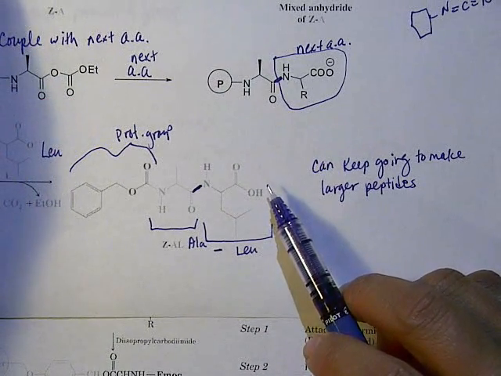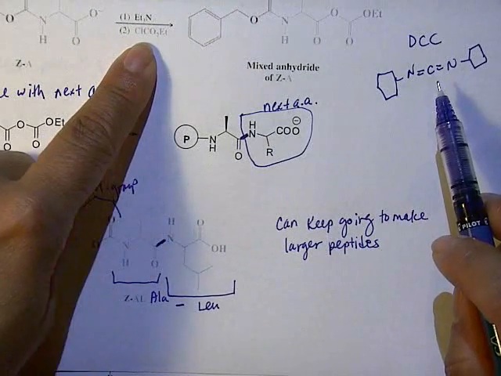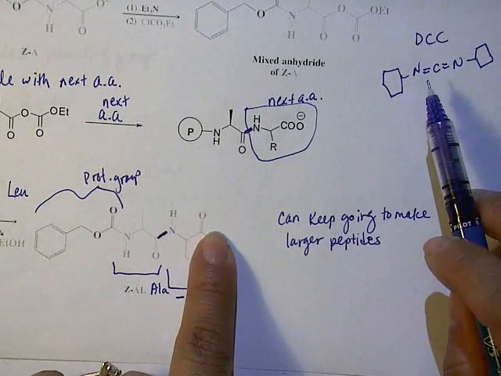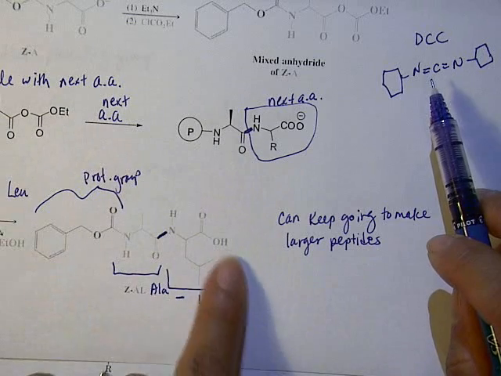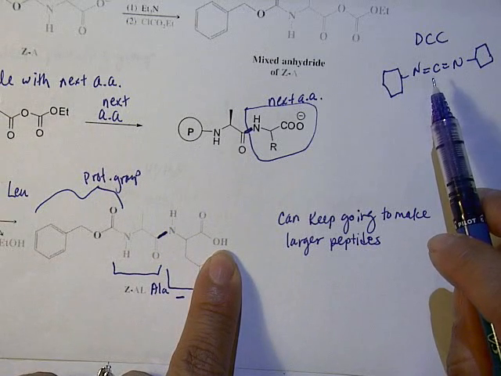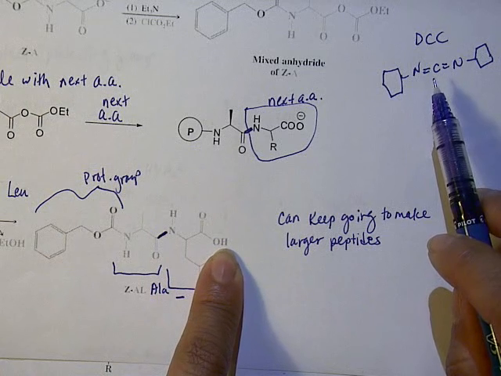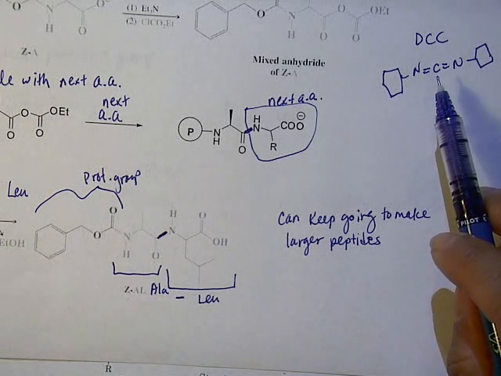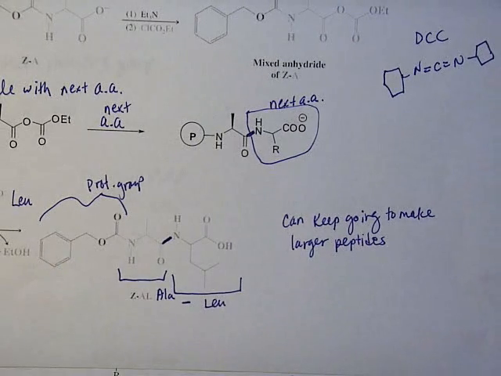So throw in either the DCC or this chemical to make it into an anhydride at this carboxyl group. And then go back to number 3 where you throw in the next amino acid, which will couple it. And then you keep going on and on and on until you're done with the 21 amino acids, and then you deprotect, right? So this is really very simple scenario.